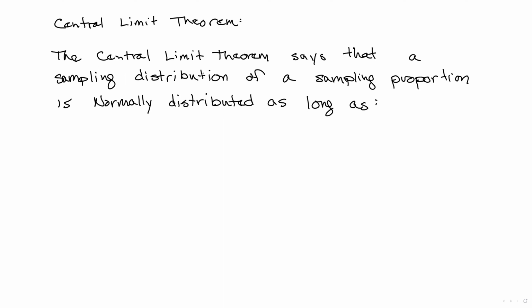So what this is saying is that a sampling distribution, the results of your survey, for when you're collecting a sampling proportion. Now, this term kind of comes out of nowhere, but a sampling proportion is what we have been doing.